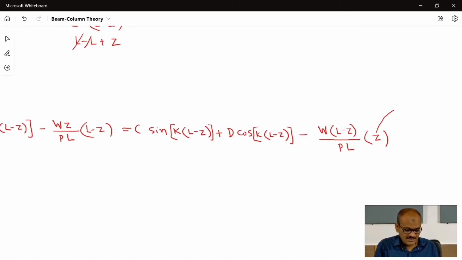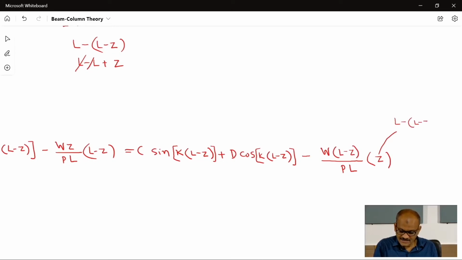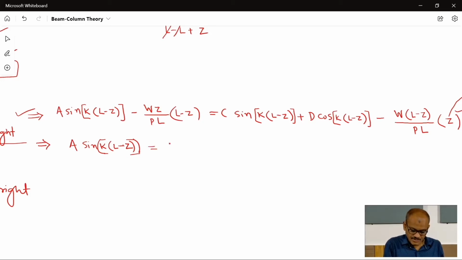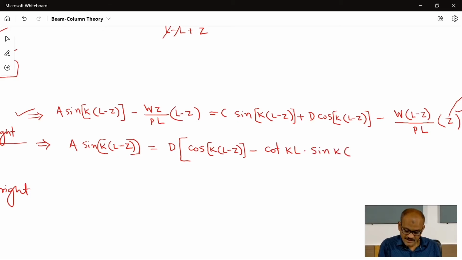If you simplify this equation further, this comes A sin k(L minus z) is equal to D into cos k(L minus z) minus cot kL into sin k(L minus z).